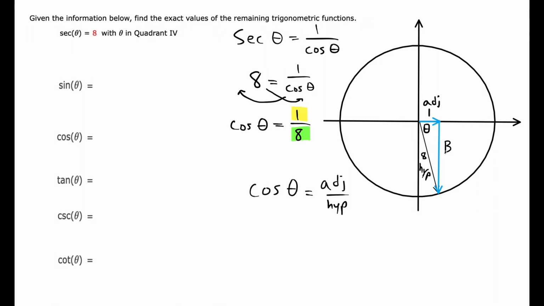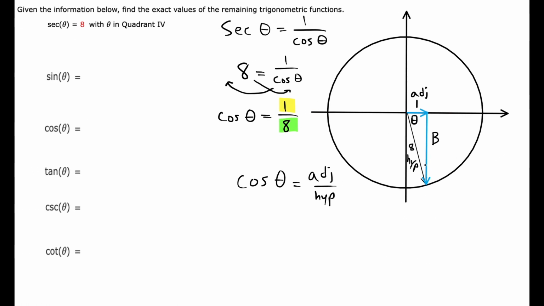I'll call it B. According to the Pythagorean theorem, a squared plus b squared equals c squared. The adjacent can be side A, so that's a 1, and then side C could be the hypotenuse, that's an 8.